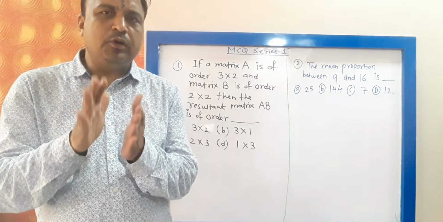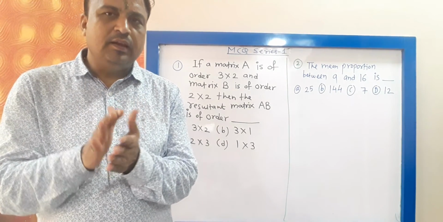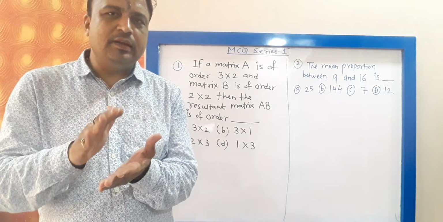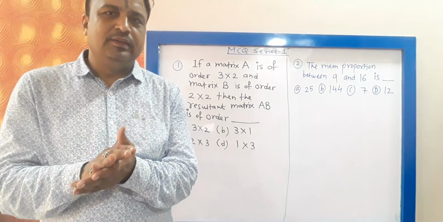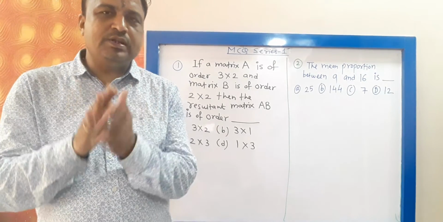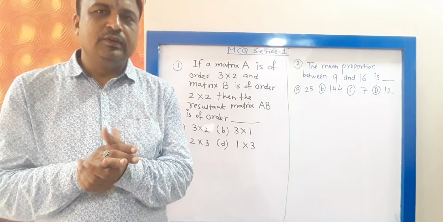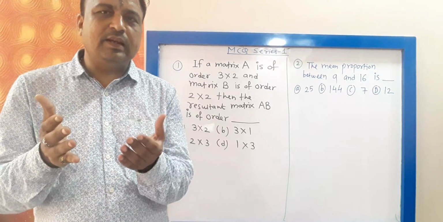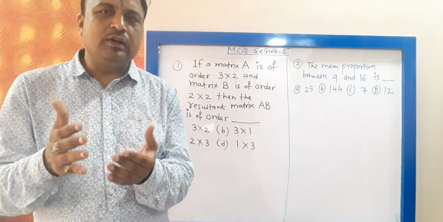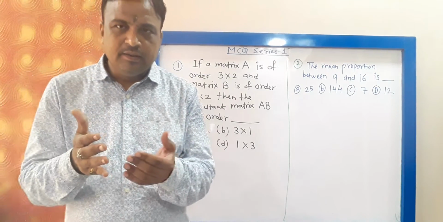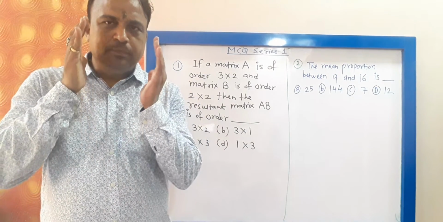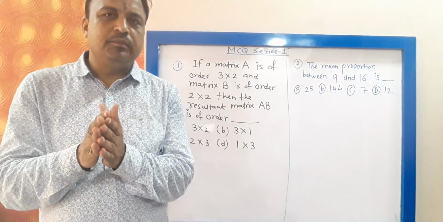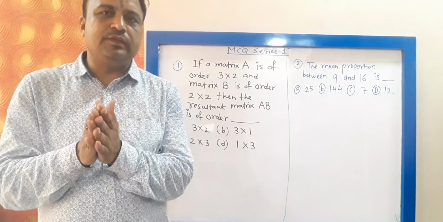So these multiple choice questions will play an important role in getting 100 out of 100 in the ICSE board examination. Students, if you want to score 100 out of 100 in the mathematics ICSE board March 2023 examination, then you have to score 15 out of 15 in multiple choice questions.